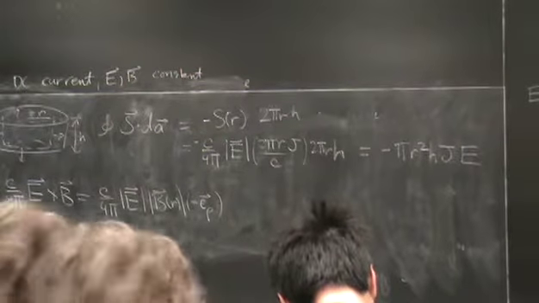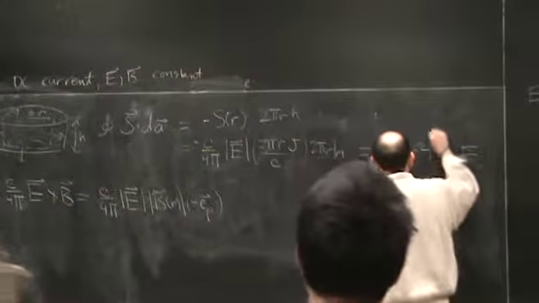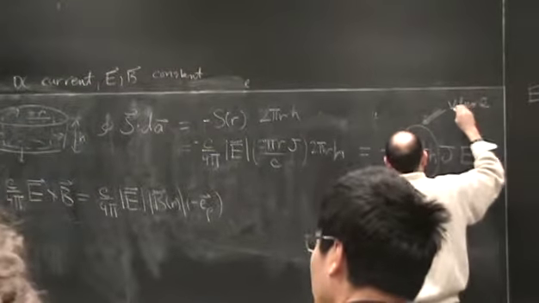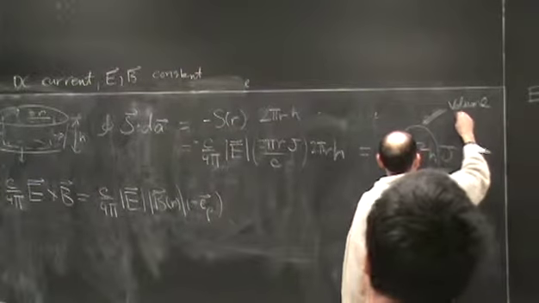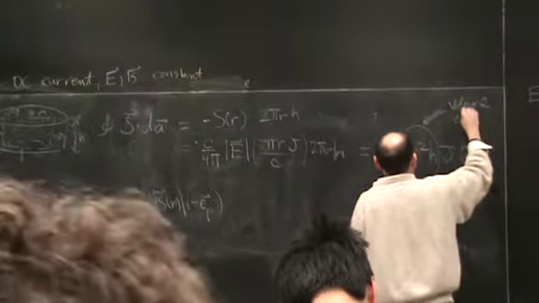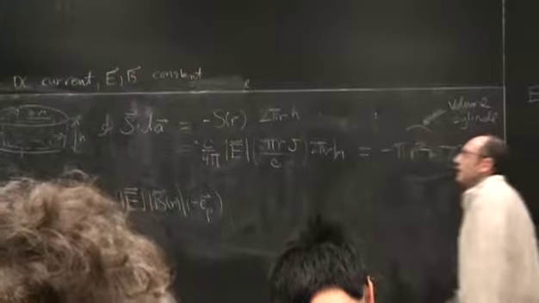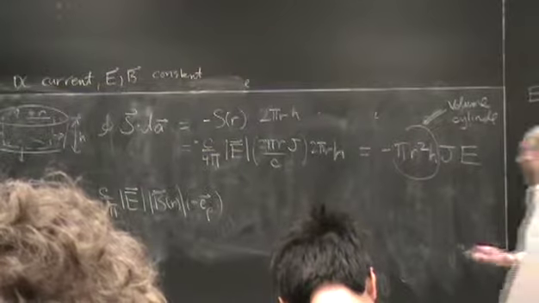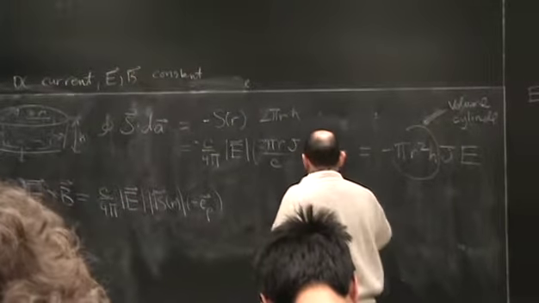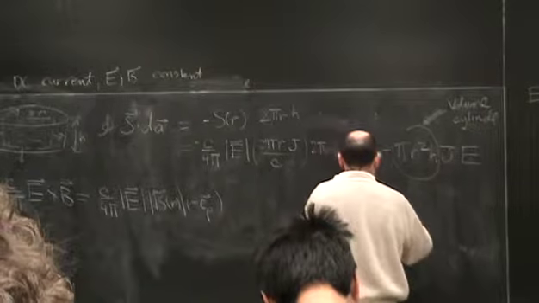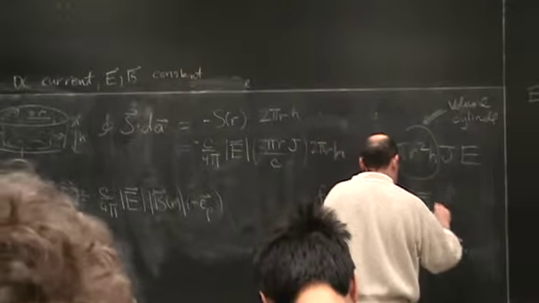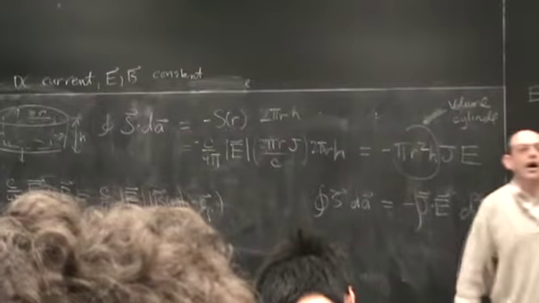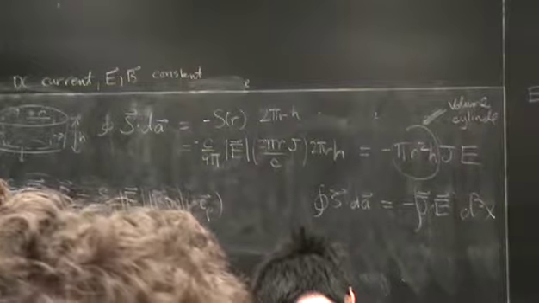Okay, which is equal to the volume of the cylinder J dot E. So what we find in this case is, as expected, the flux of electromagnetic energy is what we said it should be.